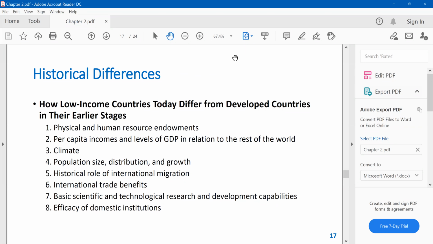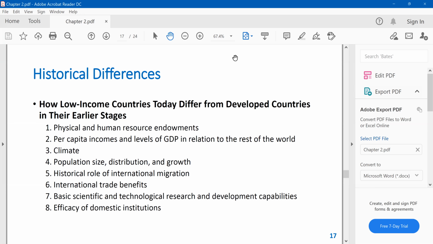In terms of GDP per capita, population, urbanization rates, the share of labor working in agriculture, etc. These were typical elements in today's developed economies in their historically earlier stages.